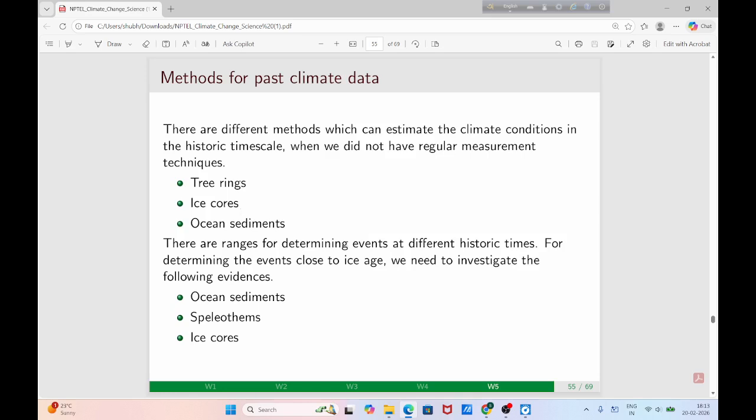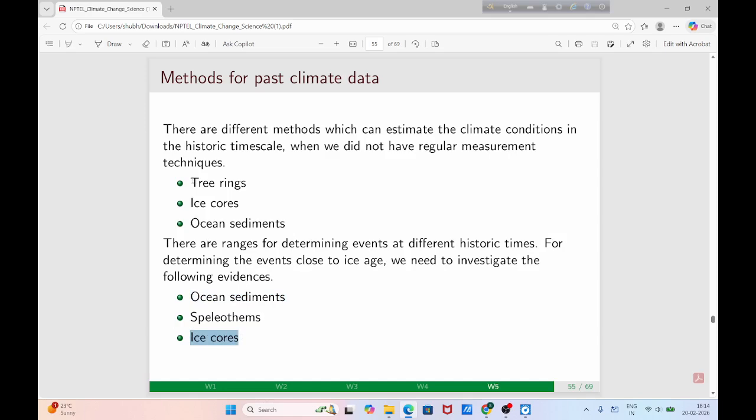This type of thing. Now, the choice of the evidence is very important: what time scale we want to look at and what property we want to look at. For ocean sediments, we will get a very large, vast range of time scale, and from ice cores also we can get that.